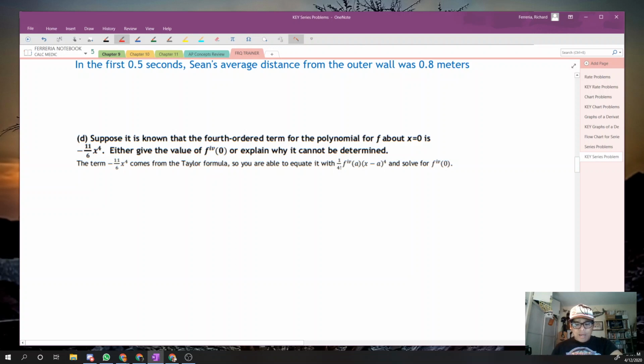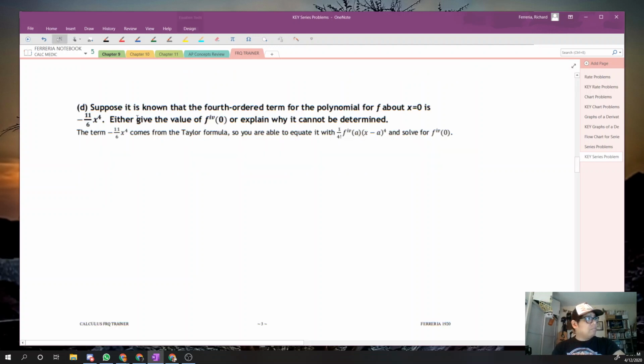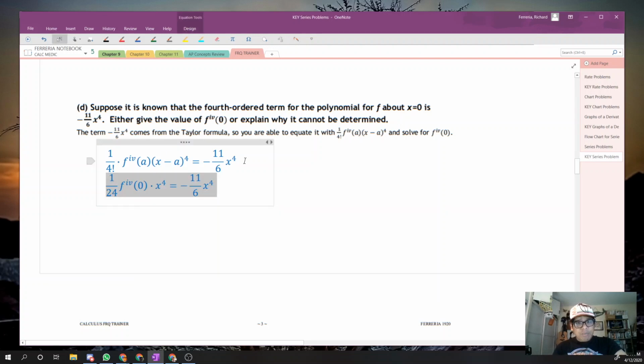And the way to figure this out is to make sure that you have your Taylor polynomial recipe memorized. If you haven't memorized it, you know that the fourth order term is given by an expression that looks like this. 1 over 4 factorial, fourth derivative evaluated at a, x minus a to the fourth power. We know what a is. A is 0. So we substitute 0 and we get this lovely expression.